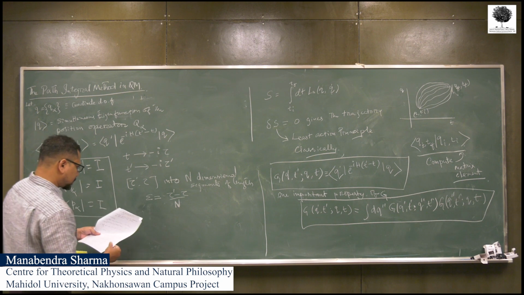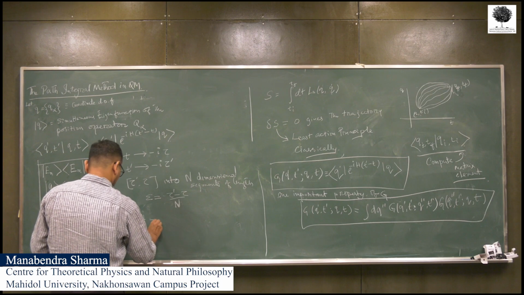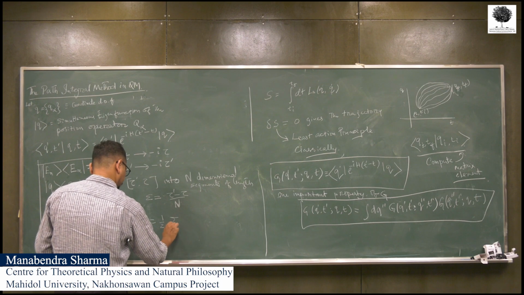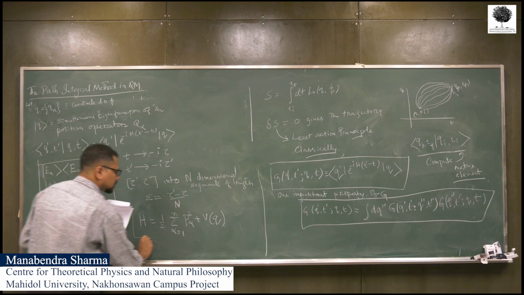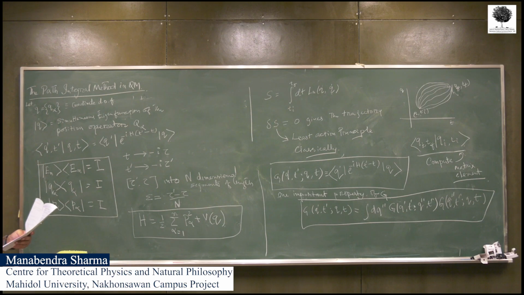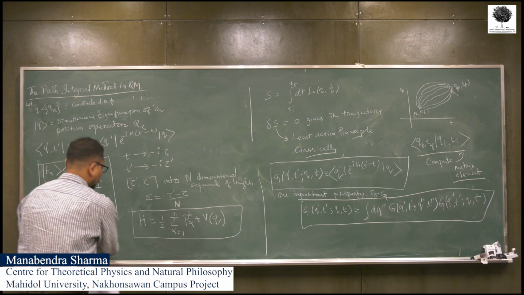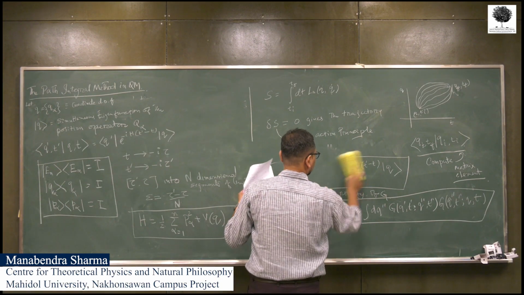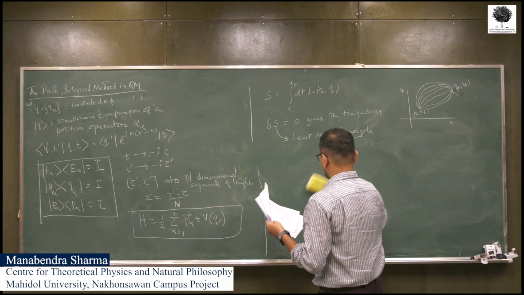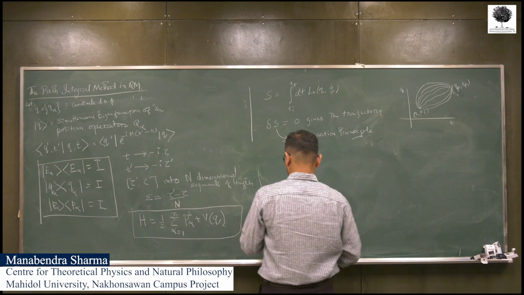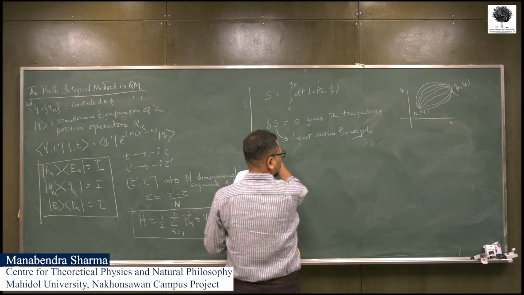If you assume the structure of the Hamiltonian to be of the form H = ½ Σ_α p_α² + V(q), we'll end up with, I'm giving the final result because of the constraint in time.